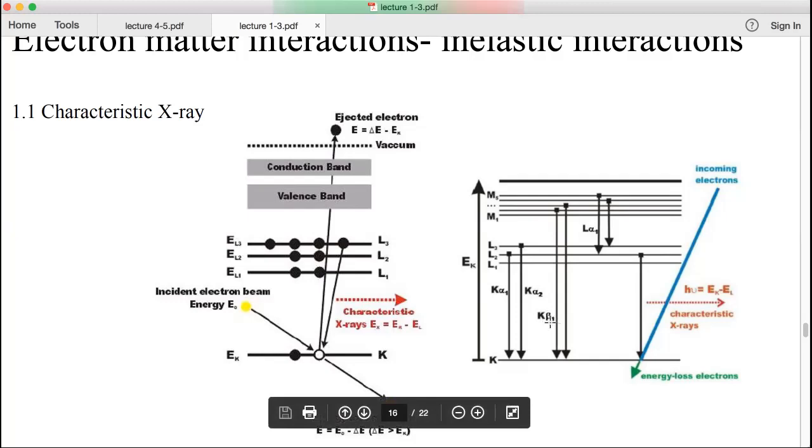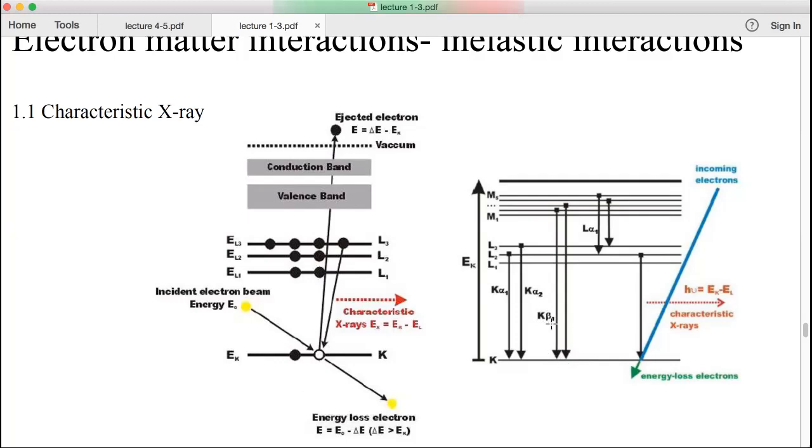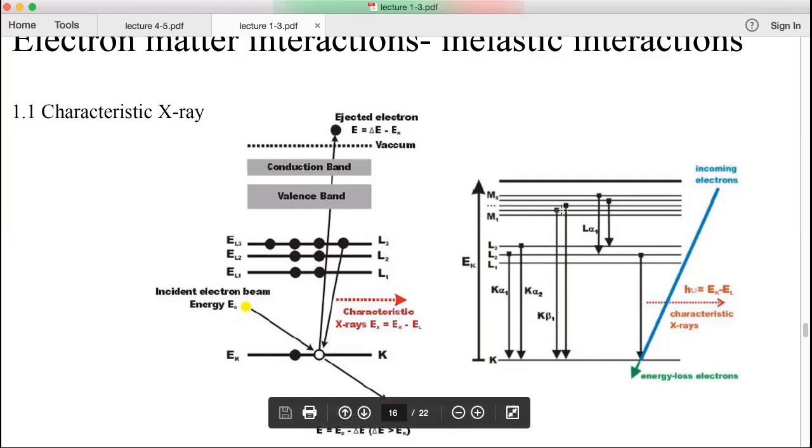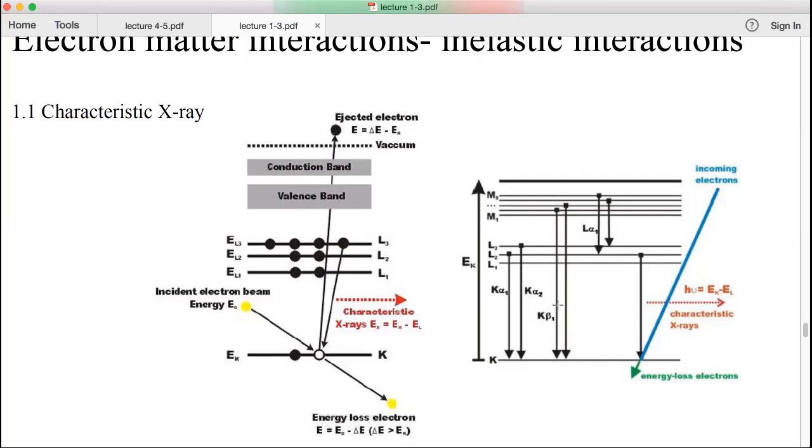Here, this is K beta, K means the vacancy is in K shell. Beta means now this vacancy is filled not by the immediate shell, but by the next immediate electron shell. The electron shell is M now, and it is the lowest possible energy level in the M shell. That's why we have 1 here.